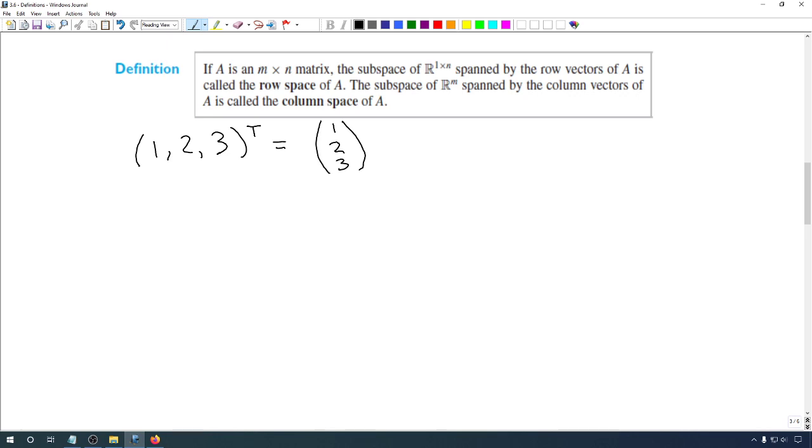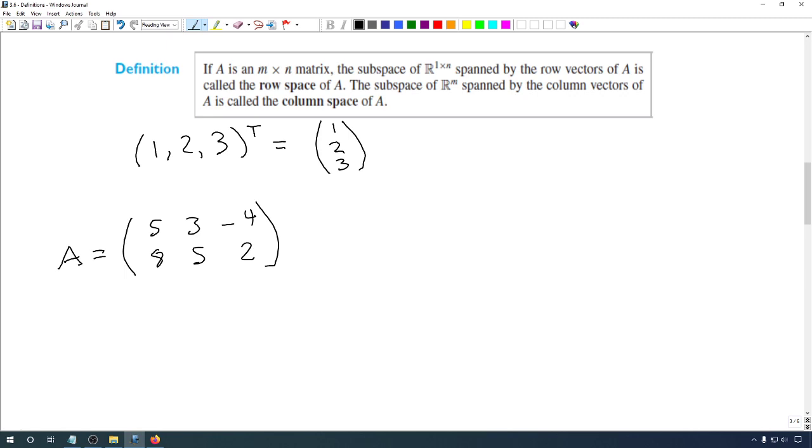Let's give an example of a row space and a column space. Let's say we have a matrix A, and I'm going to make this the matrix with rows 5, 3, negative 4, then 8, 5, 2. This is a 2 by 3 matrix. Its row space is either a subspace of R1 by 3, or you can say it's a subspace of R3.